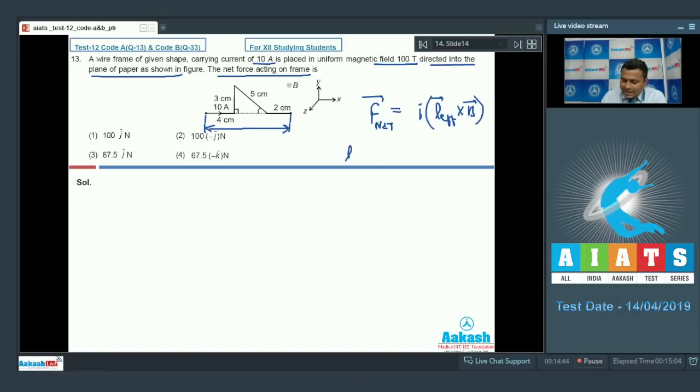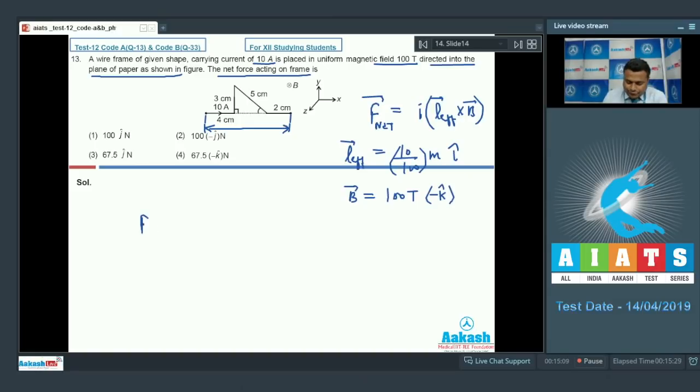So let's write L effective vector, that is 10 centimeter or 10 by 100 meter. Direction is i cap. Magnetic field vector B, magnitude 100 Tesla. Direction is inward to the plane of paper, that is minus k cap.